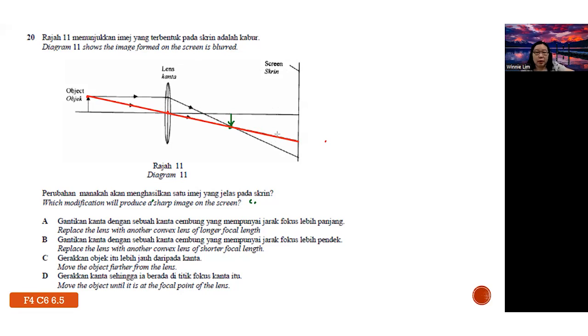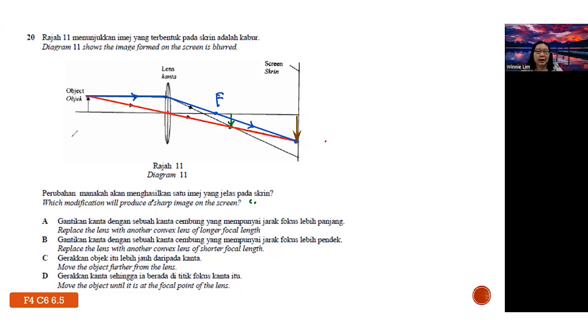I did the reversal, but by right you're supposed to go parallel, then cut through the focus point. So if the focus point is longer, further, then your final image will be located here, whereby you will have a sharp image formed on the screen.